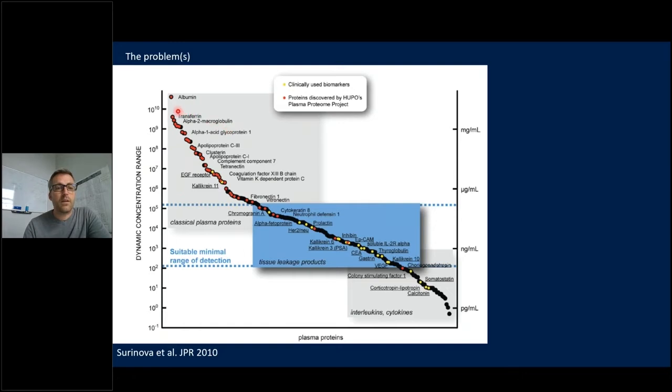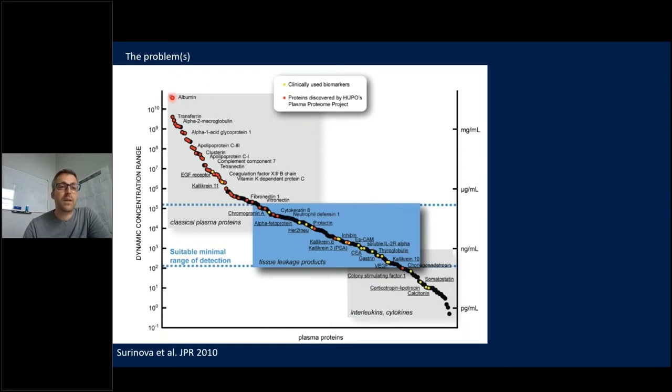We have about 10 to 11 orders of magnitude in dynamic range in the plasma proteome, which makes it a hugely difficult analyte to look at by detectors that can, on a good day, cover, let's say, 4 to 5 orders of magnitude.